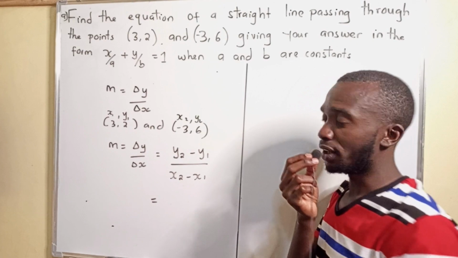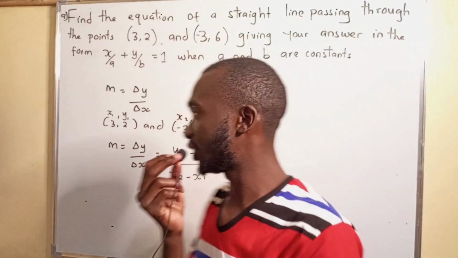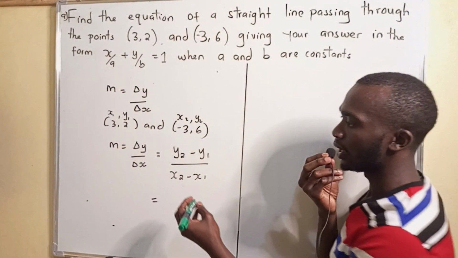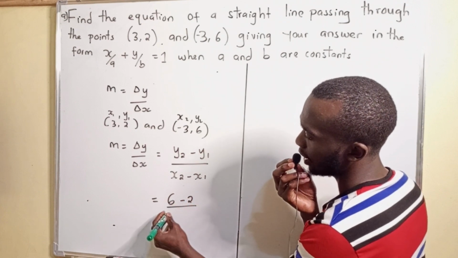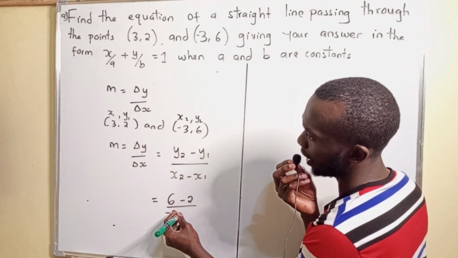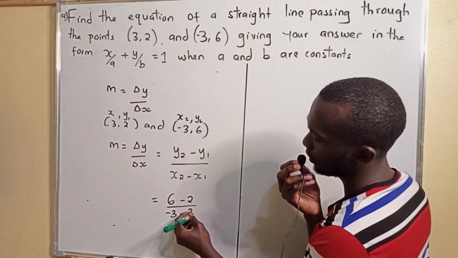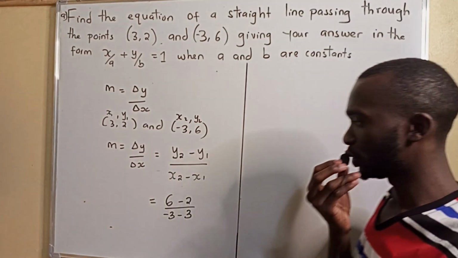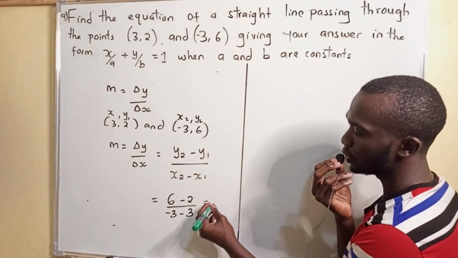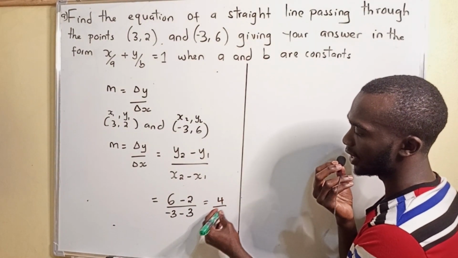The y2 in this case is 6, and you subtract y1, so that is 6 minus 2, all over negative 3 minus 3, which is x2 minus x1. So 6 minus 2 is equivalent to 4 over negative 6.